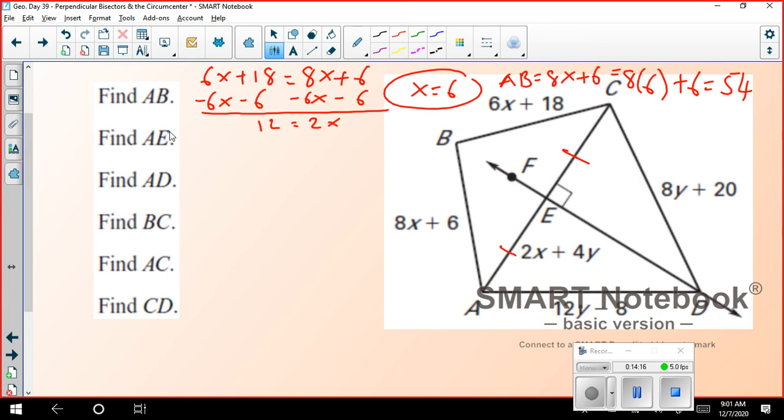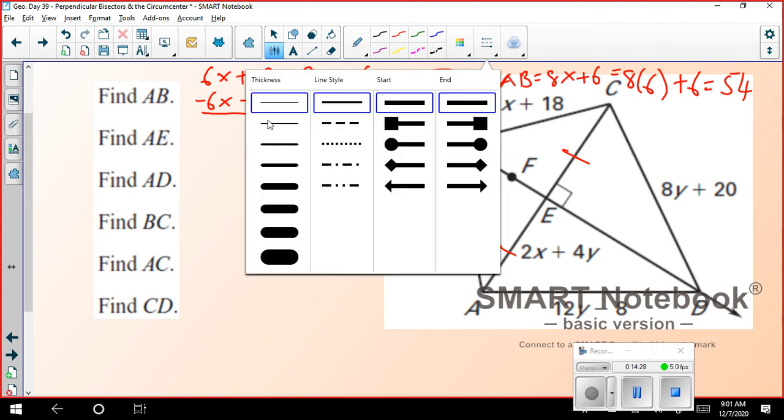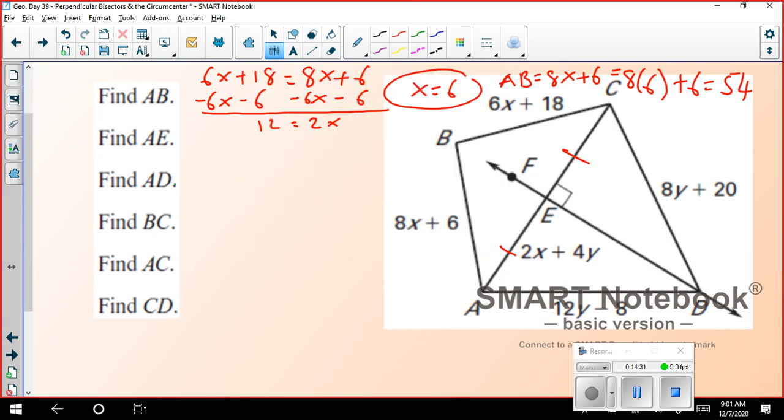To find AE, I need both x and y. I still don't have y. Let's see AD. Once again we have to equate the y terms. 12y minus 8 is equal to 8y plus 20.